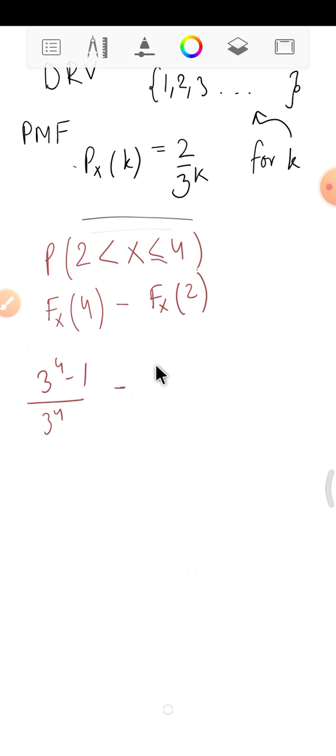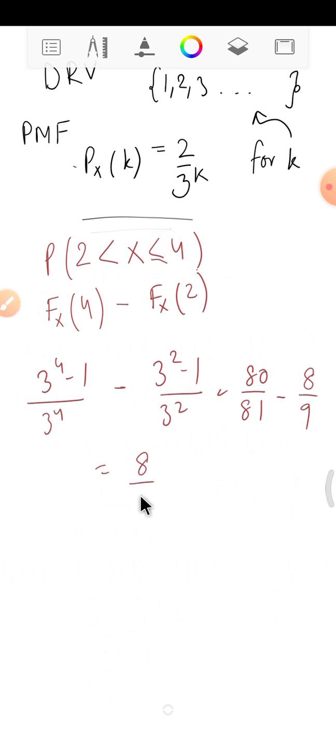This is 81 minus 1, 80 by 81, minus 8 by 9. Actually, it is 80 minus 72, so we get 8 by 81.